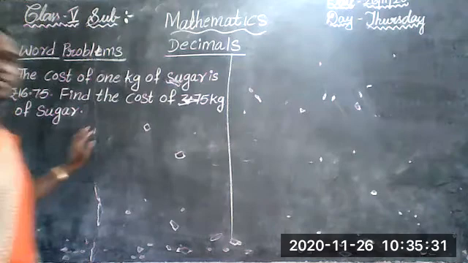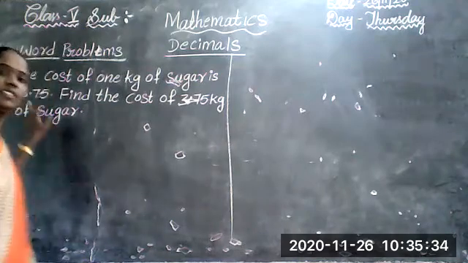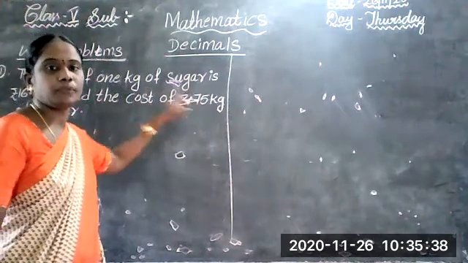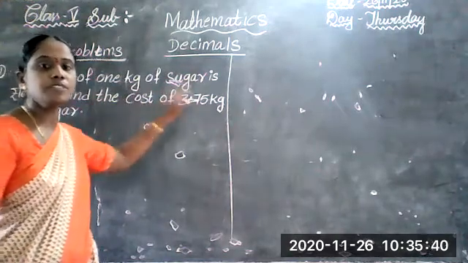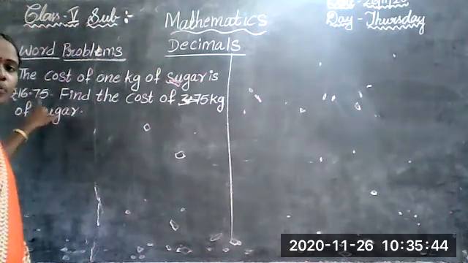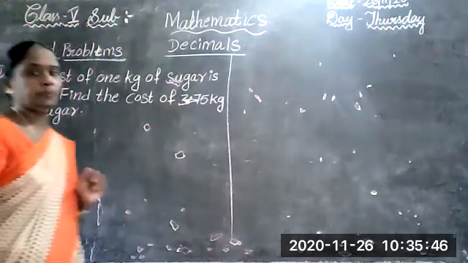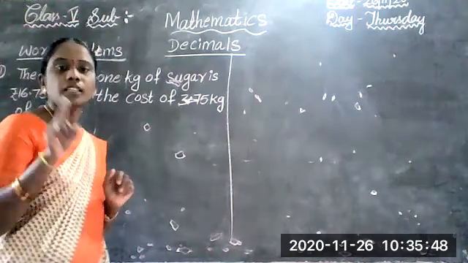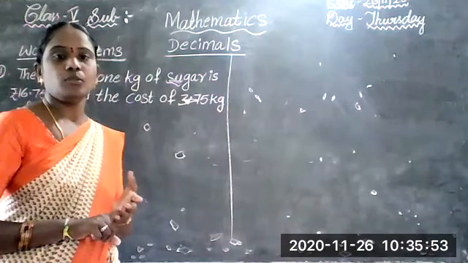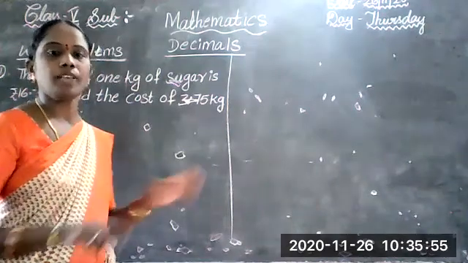Once you read the question, children, the cost of 1 kg of sugar is rupees 16.75. 1 kg sugar cost is 16 rupees 75 paise.